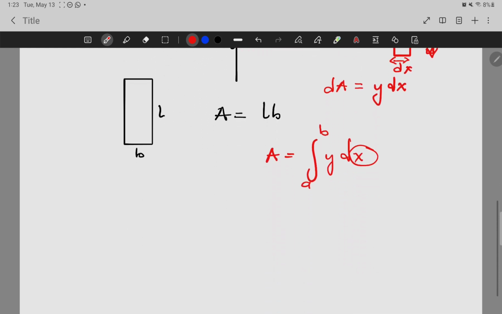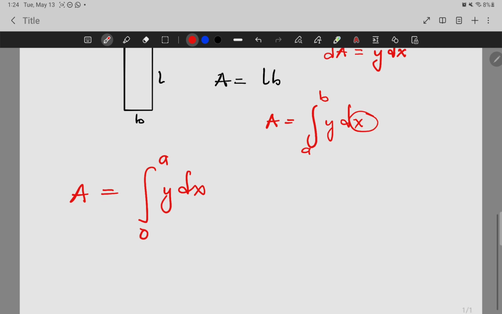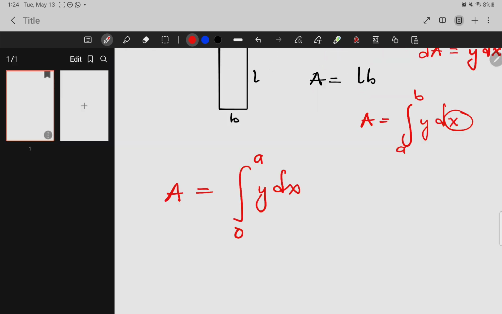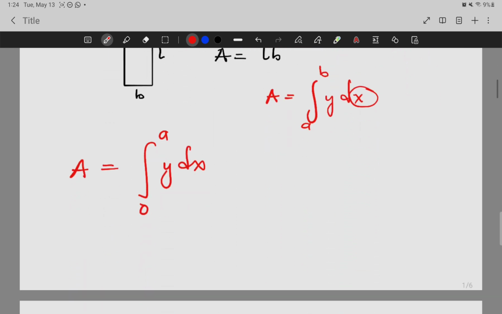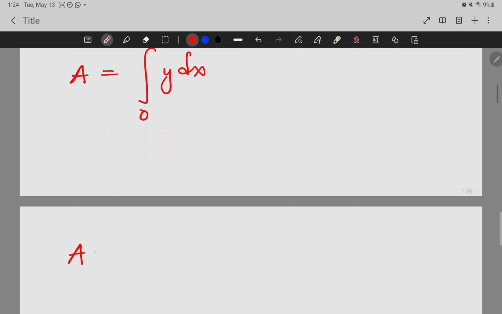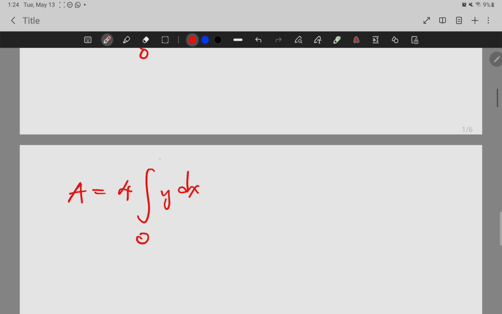So the limits here are from 0 to a of y dx. Like I pointed out, to get the area of the whole thing, just multiply this by 4 so that you account for all the 4 pieces involved there. So the total area, which is what we're looking for, will be 4 times the integral of y dx from 0 to a.